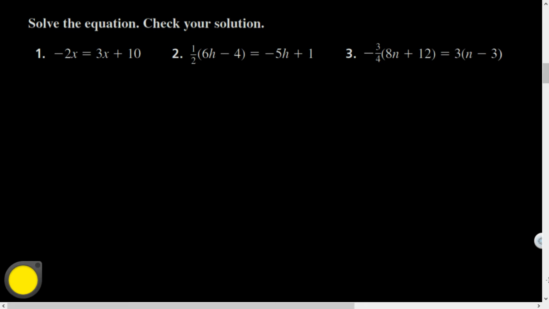I would move it by adding 2x. Let's find out. All right.